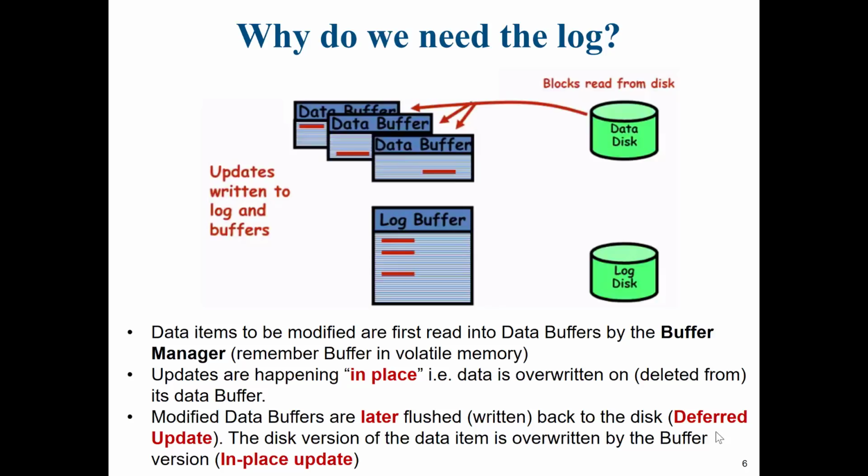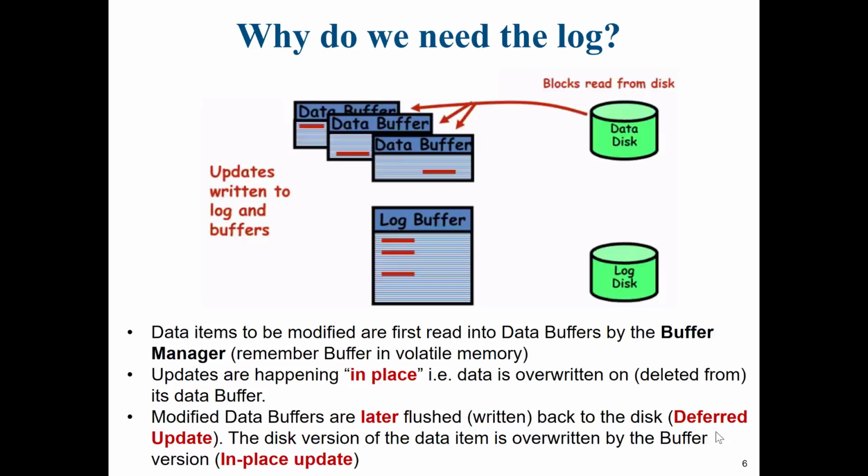That's one design, of course, but very rarely used. Most databases use in-place update. So when I change, I basically change the data that I read in the buffer, but I record the changes in the log. The log, of course, is treated the same as a data block. It is a set of blocks that are pushed to the disk, and they are also managed as blocks.